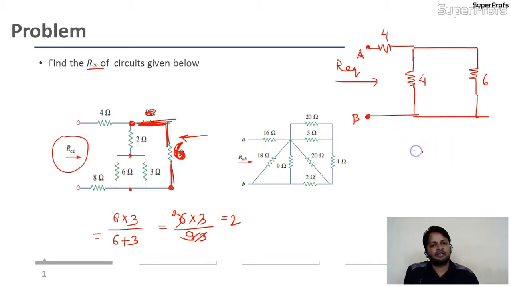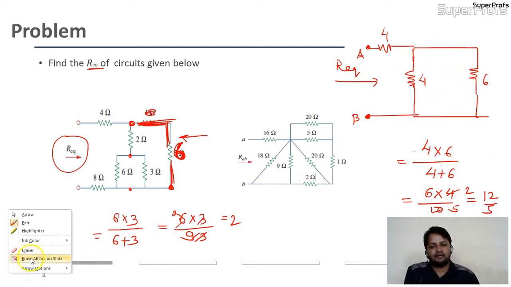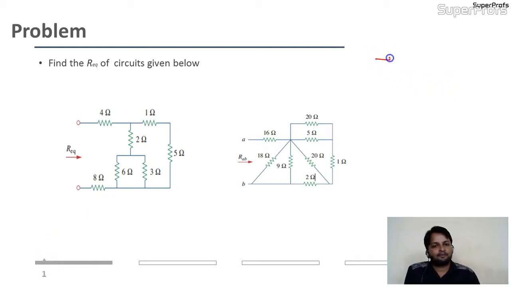So the resultant of these two is 4 into 6 divided by 4 plus 6, which is 6 into 4 divided by 10. 2 2s are 4, 2 5s are 10, 2 6s are 12, so 12 by 5. The resultant combination of these two is 12 by 5. So your final combination is 4 in series with 12 by 5.